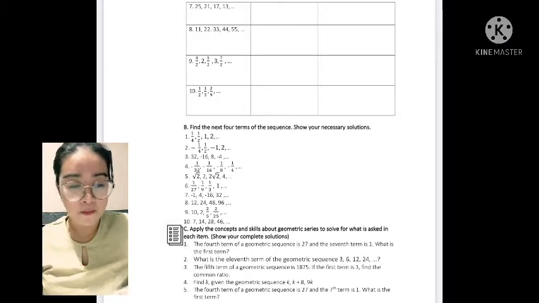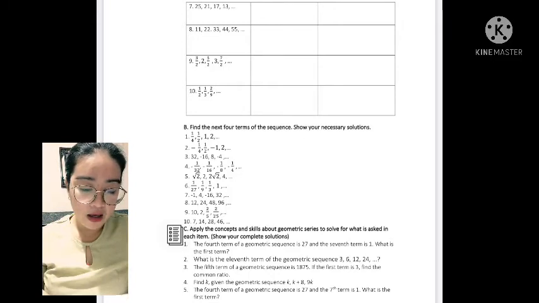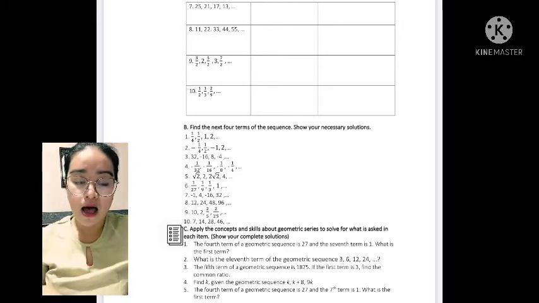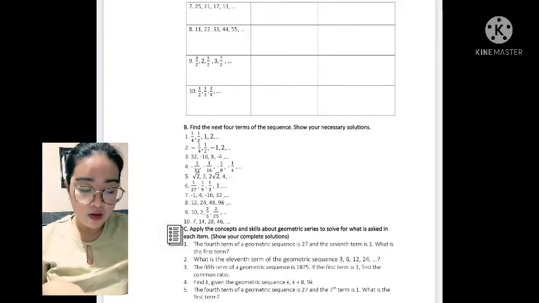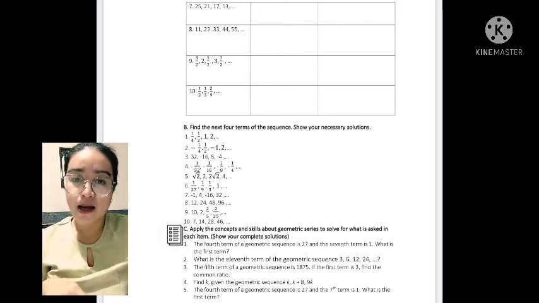Susunod naman, letter B, find the next four terms of the sequence. So, hahanapin mo yung next 4 terms niya. 4 na term yung kahanapin mo. Okay? Next, letter C naman, apply the concept skills about geometric series to solve for what is asked in each item. So, babasahin mo to, then, kung ano yung hinahanap niya, yun ang sasagutan mo. Okay?